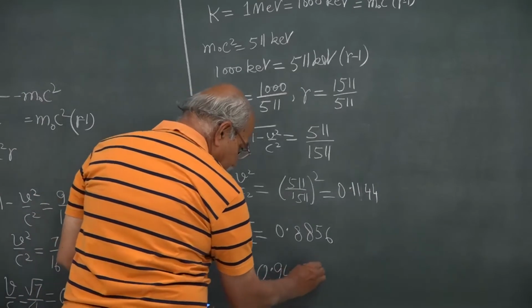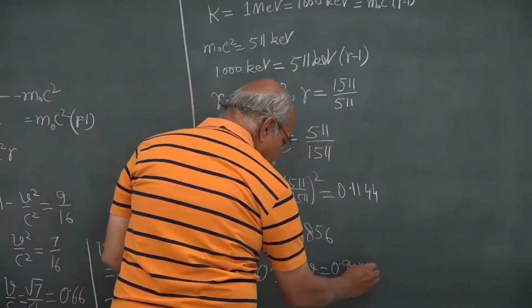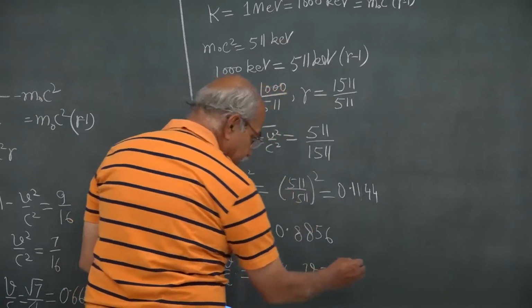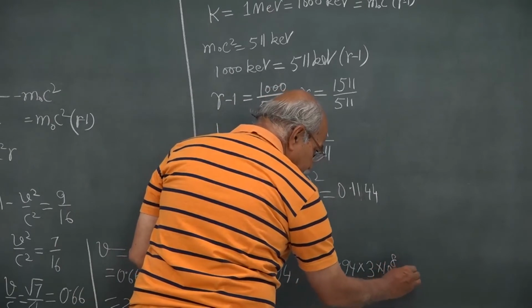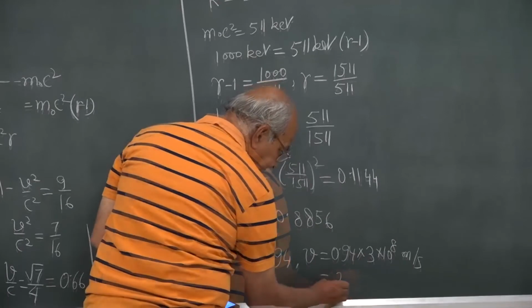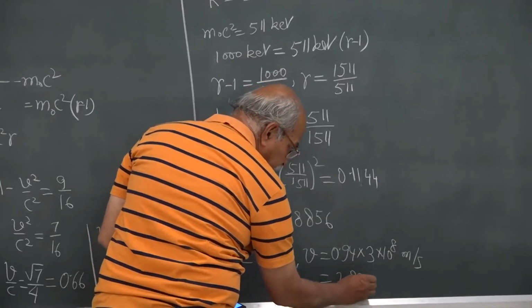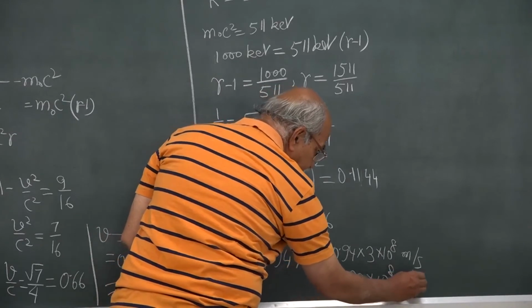So v is equal to 0.94 times c. c is 3 into 10 power 8 meter per second. So multiplying by 3, we get 2.82 into 10 power 8 meter per second.